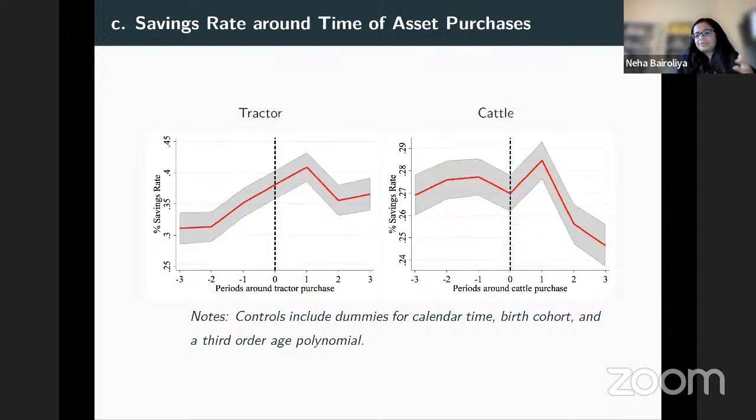You observe that for tractor and cattle, and to some extent, you see these patterns happening for all major durable goods. Households build up their savings, and then there is a decline in savings rate, which is also similar to saying that they're building up their wealth index and they have a lot of wealth, and then they start drawing down on their wealth because they have already purchased the durable that they wanted to.